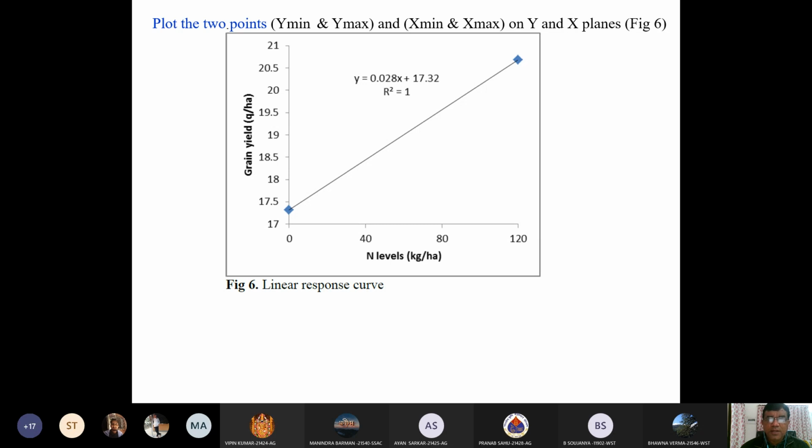So it will automatically be a linear equation, the one that you have fitted. There is a trend that people write the equation right on the line: y = 0.028x + 17.32. It does not make a difference whether you write a before b or b before a. Sometimes you will find y = 17.32 + 0.028x, or the other way around.